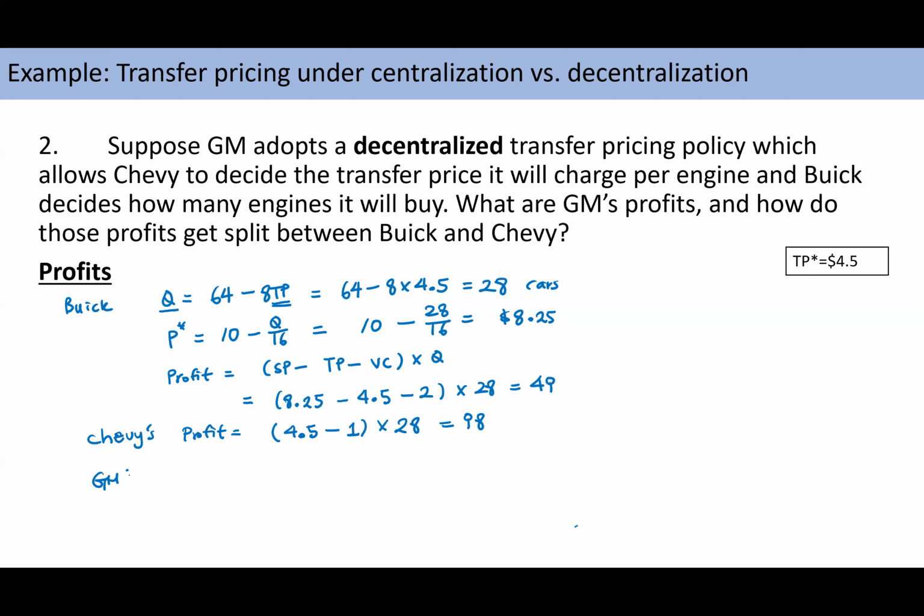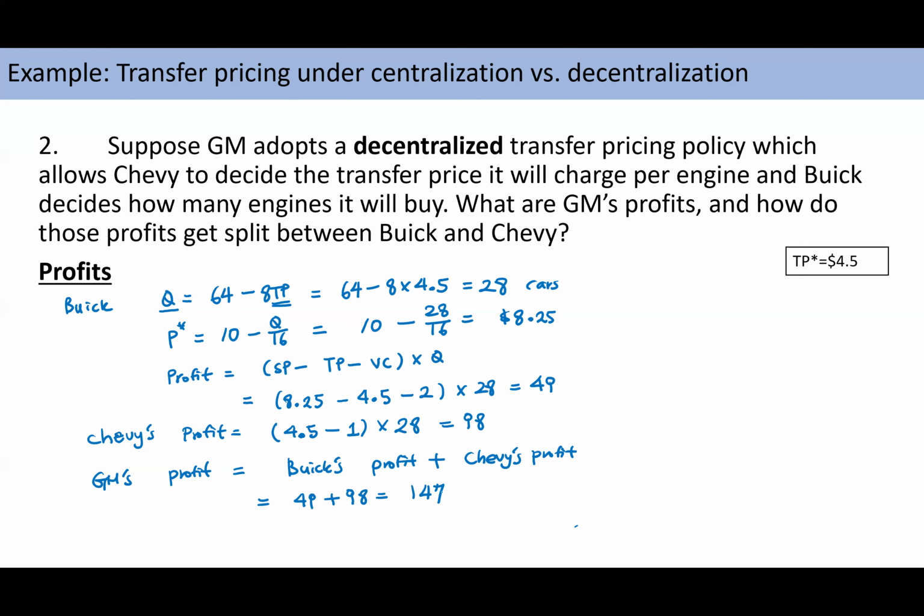Now GM's profit, the parent company, will just be the sum of Buick's profit plus Chevy's profit, so $49 plus $98. So GM's total profit in a decentralized organization where Chevy is setting the transfer price would be $147, which is lower than GM's profit when GM was the one setting the transfer price.